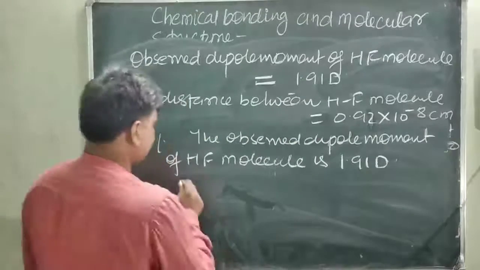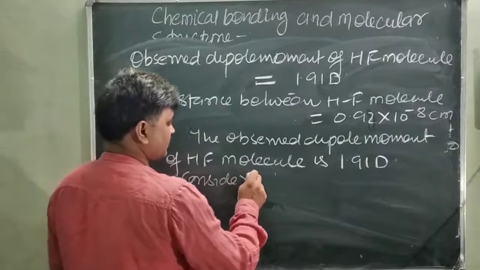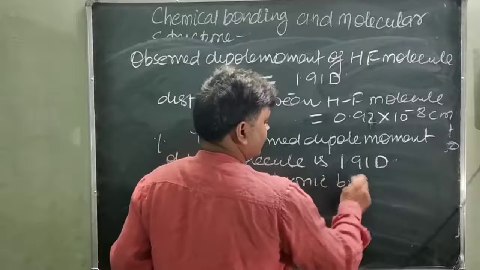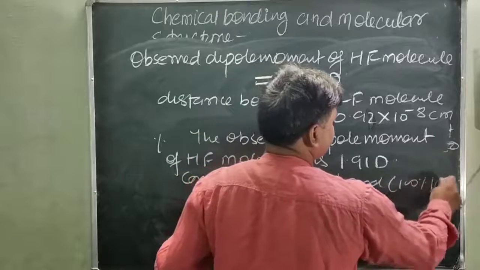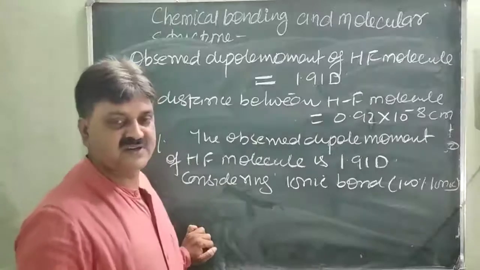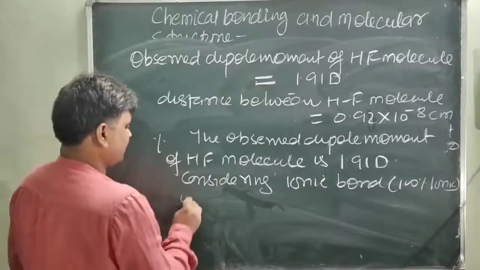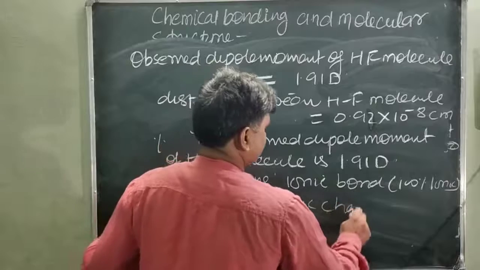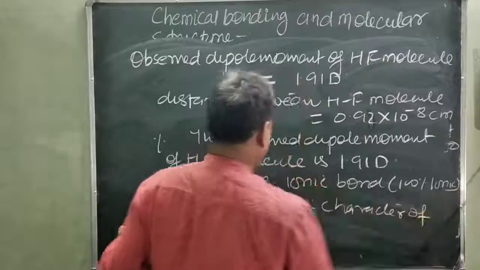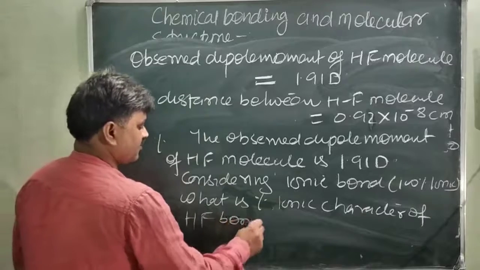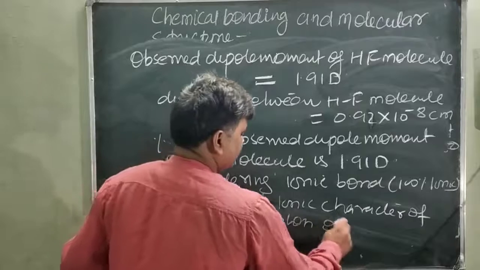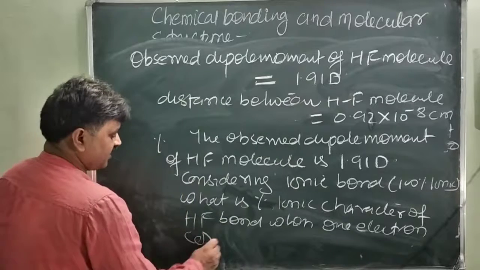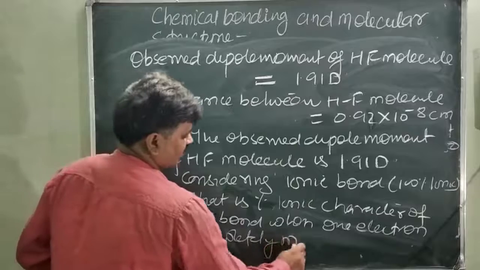Considering 100% ionic bond, what is the percentage ionic character of the HF bond when one electron completely moves from hydrogen to fluorine?